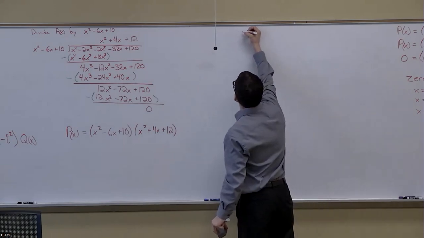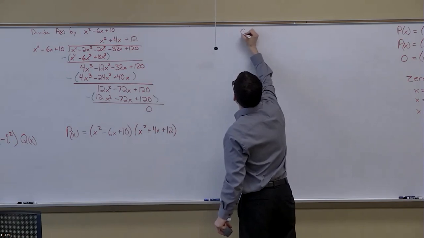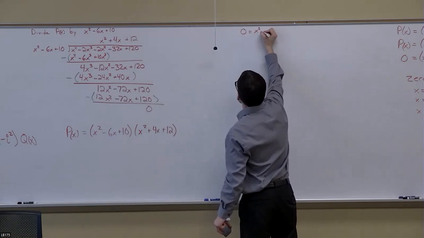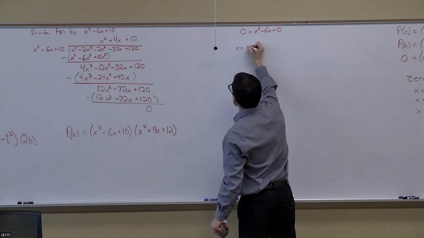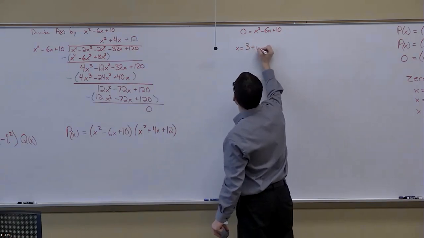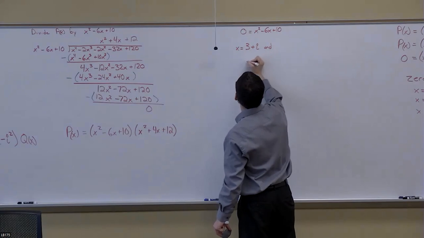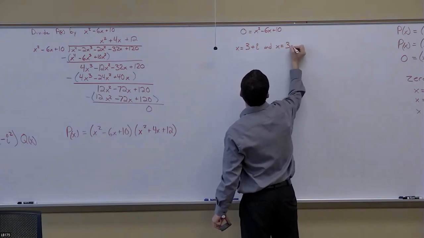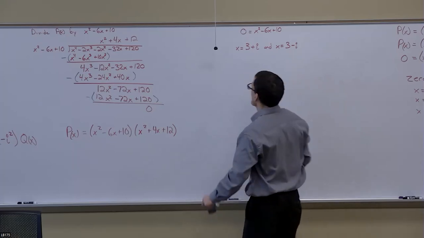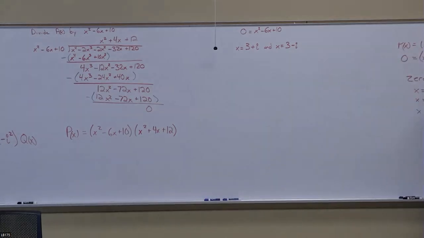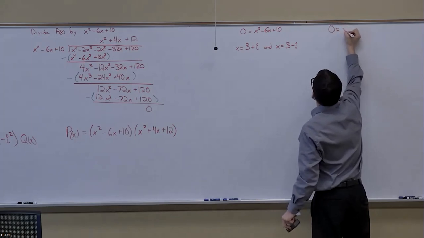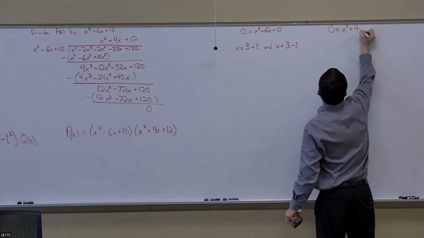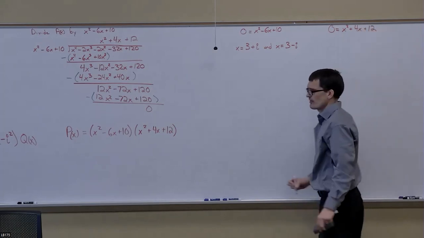In other words, I already know that if I set 0 equals x squared minus 6x plus 10, then that yields x equals 3 plus i and x equals 3 minus i. So I already know that from my work earlier. So now let's set x squared plus 4x plus 12 equal to 0.